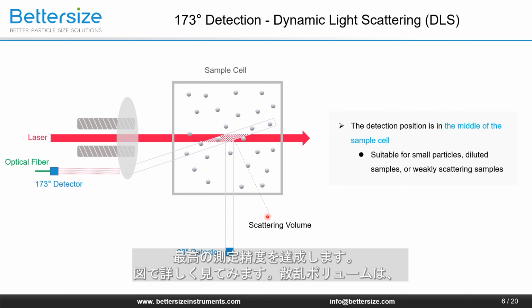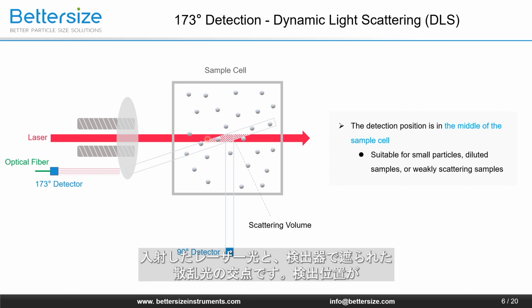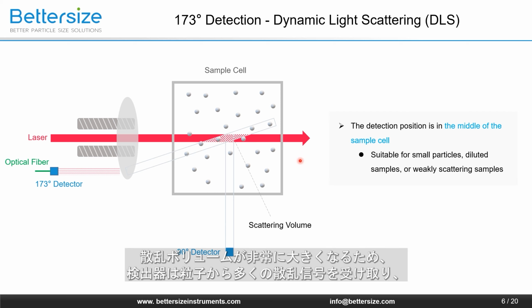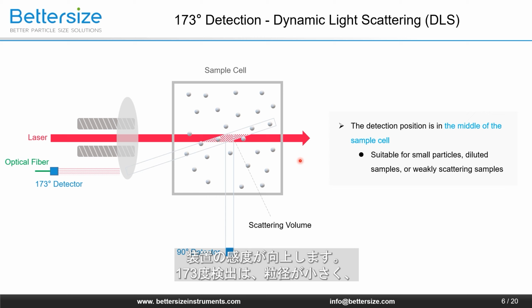Scattering volume is the intersection of the incident laser beam and the scattered light intercepted by the detector. When the detection position is in the middle of the sample cell, compared with the 90-degree design, the scattering volume is so big that the detector receives many scattering signals from the particles and increases the sensitivity of the instrument.